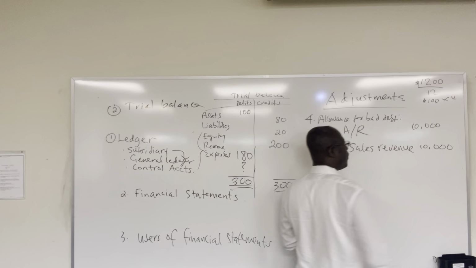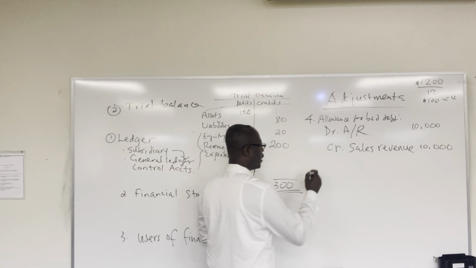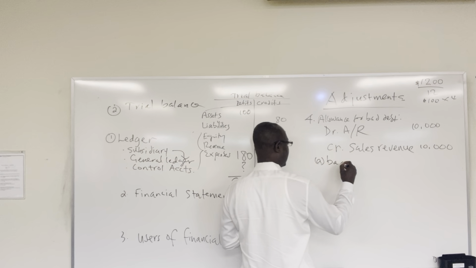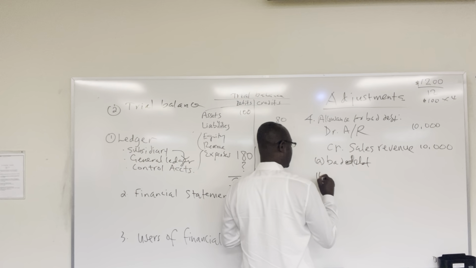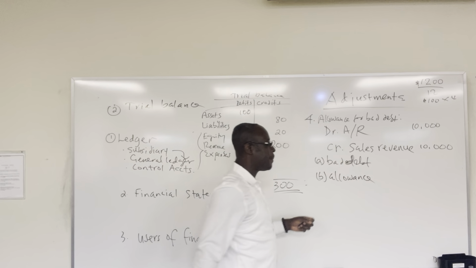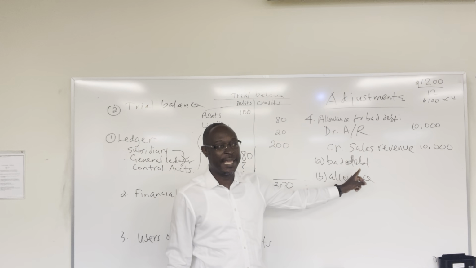Now you differentiate between bad debt and allowance. Bad debt is a specific write-off. This person will not pay.